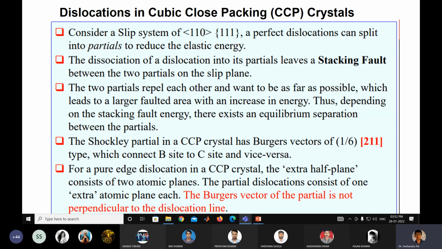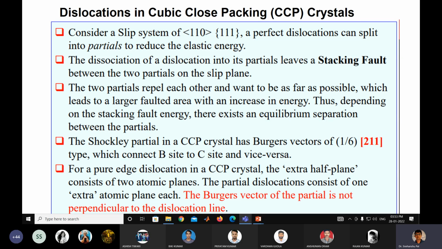And why will two partials repel each other? You have to understand that they have the same direction of Burgers vector. So they do not want to come close; if they go as far apart as possible, they can minimize the energy. But they do not separate to infinite distance, because there is a frictional force also.